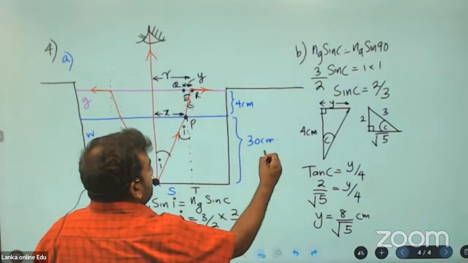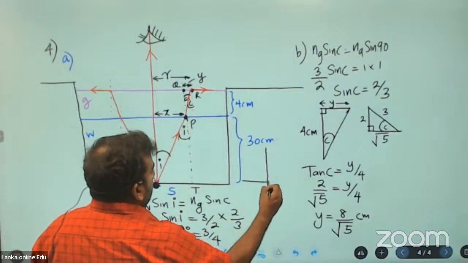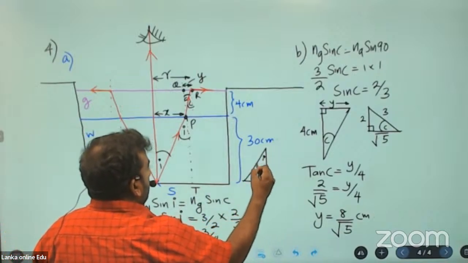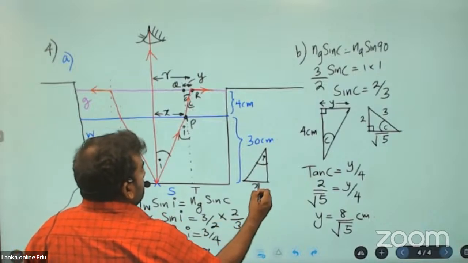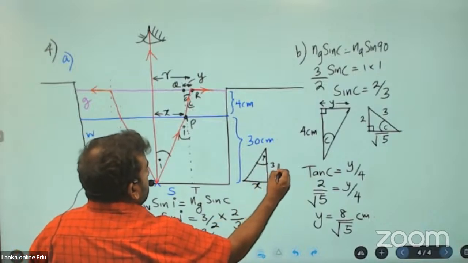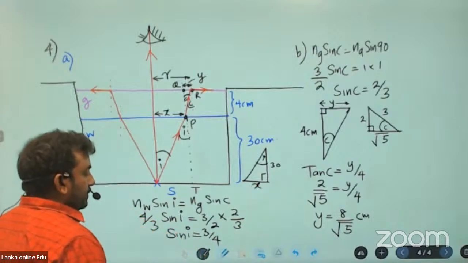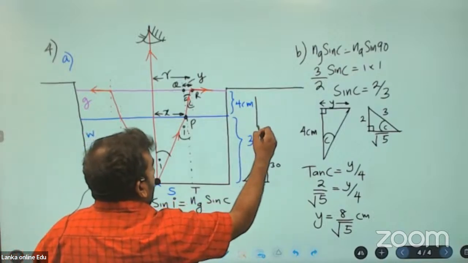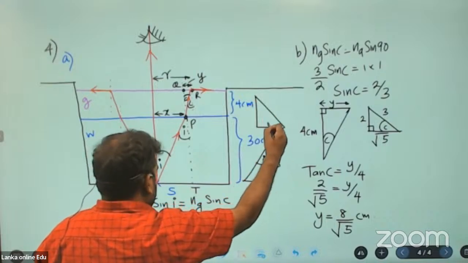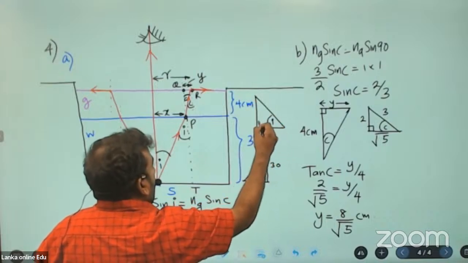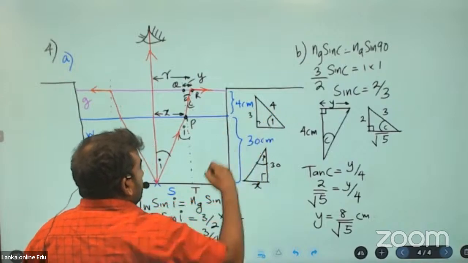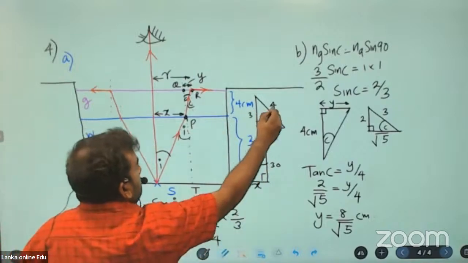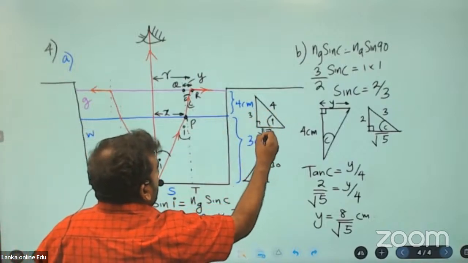Now if you take this triangle here, this distance is X. This distance is 30. Also don't forget your right angle triangle here. Opposite over hypotenuse 4, 16 minus 9, root 7.